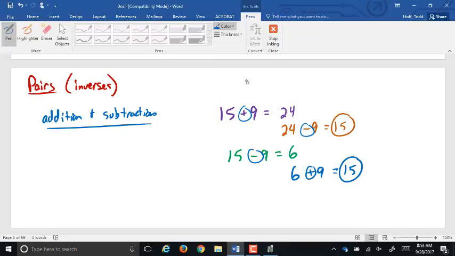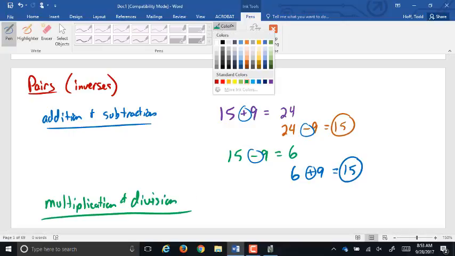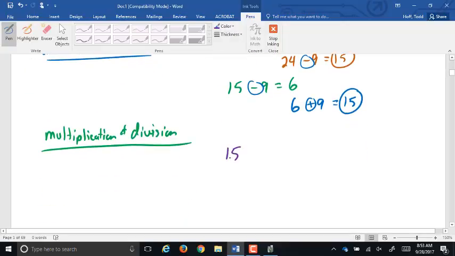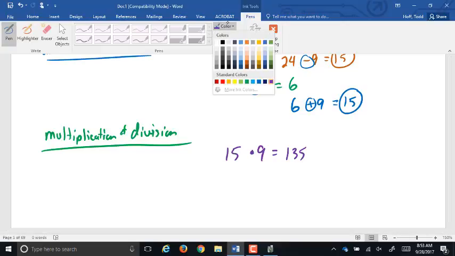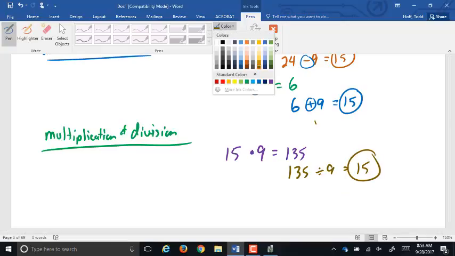Another pair that we had was multiplication and division. Those are inverses. So if I have 15 times 9, I get 135. If I want to get back from the 135 to 15, I would divide by 9. Gives me 15.